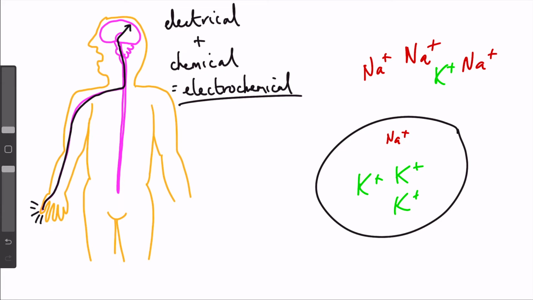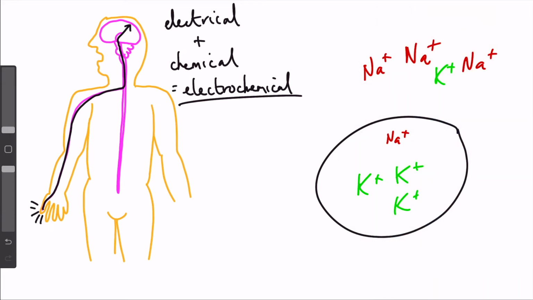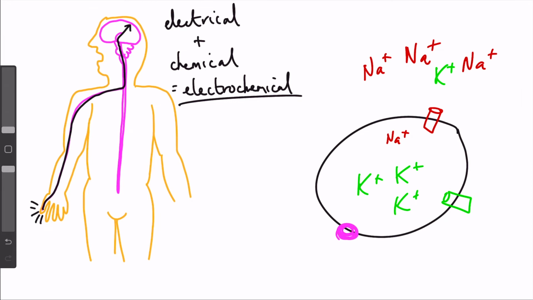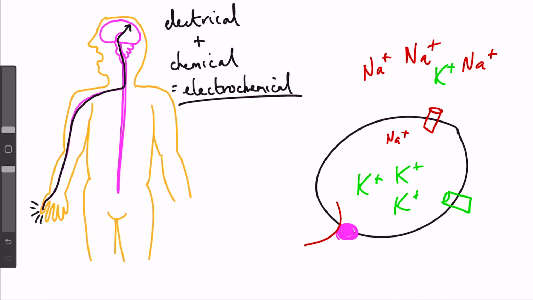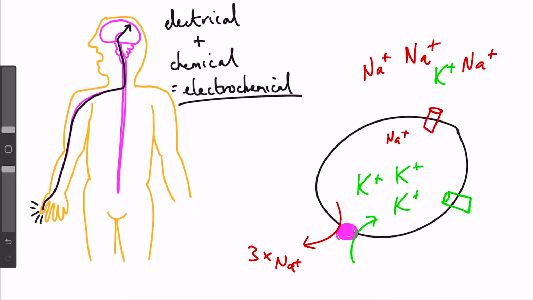And there's very specific channels for each of these, what we call ions, to move through. You've got sodium channels, and you've got potassium channels. Now here's the thing. We also have something called a sodium-potassium pump, which is embedded in the walls of these cells. And it's their job to throw out 3 sodium and throw in 2 potassium.